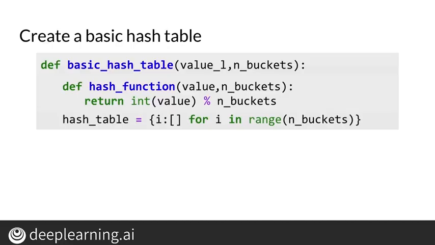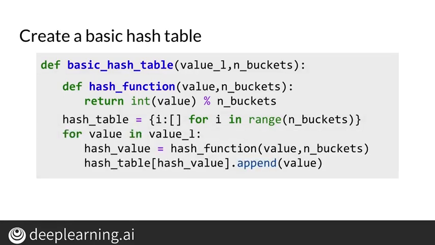The key is an integer, and the value is an empty list, which you'll use as a bucket for storage. For each word vector, calculate its hash value, then append it to the appropriate list. The hash table that is returned can be seen in the notebook that goes with this lecture. You'll see that the hash table is the same as what you saw in the previous slide.